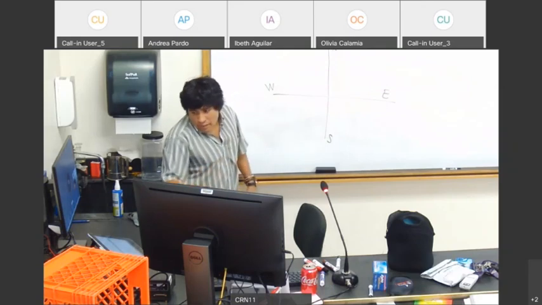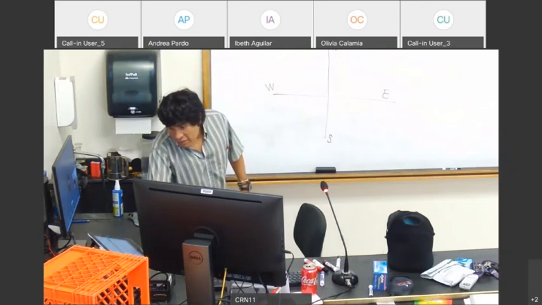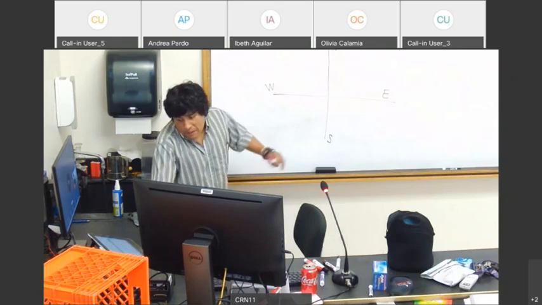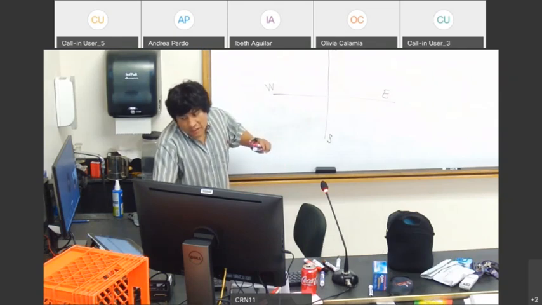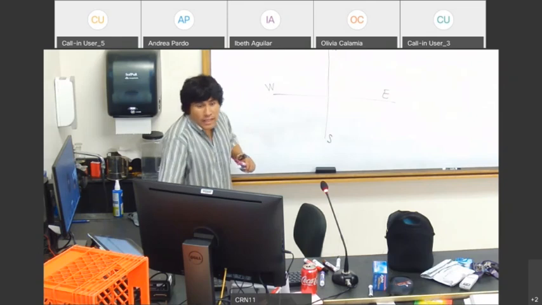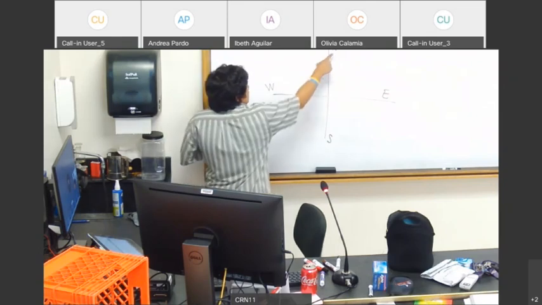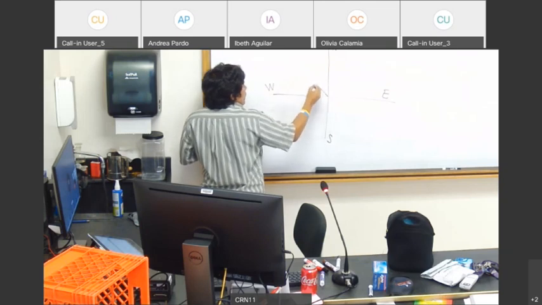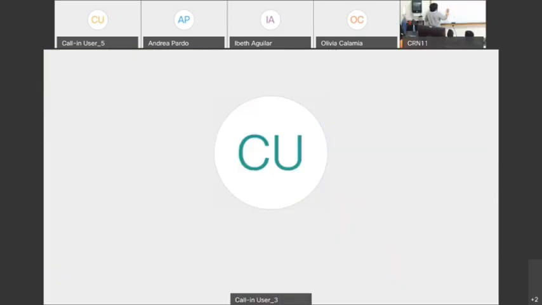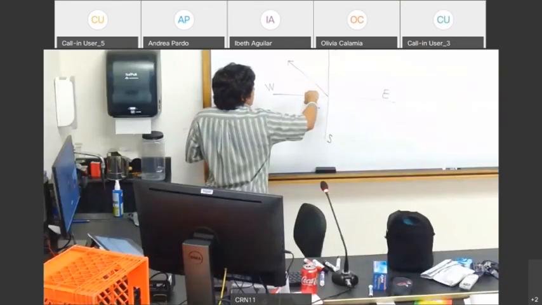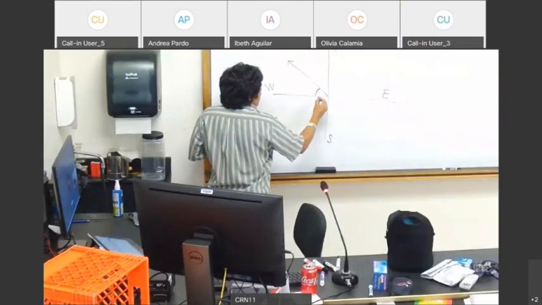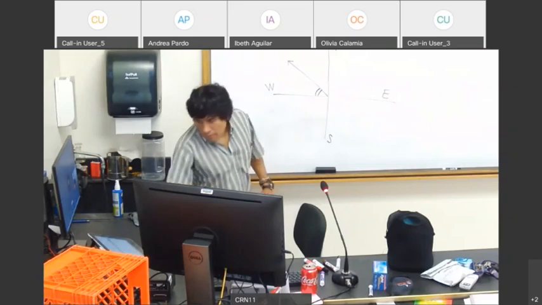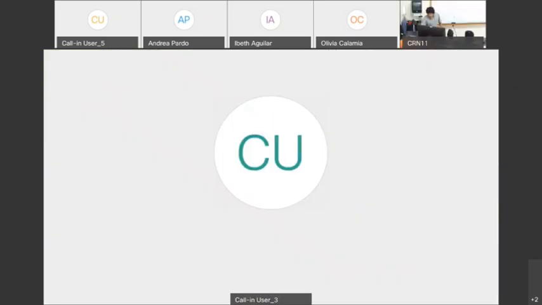The player is throwing the ball 50 meters, 61 degrees north of west. How do you do that? That's north and that's west, so north of west will be here. So 61 degrees.